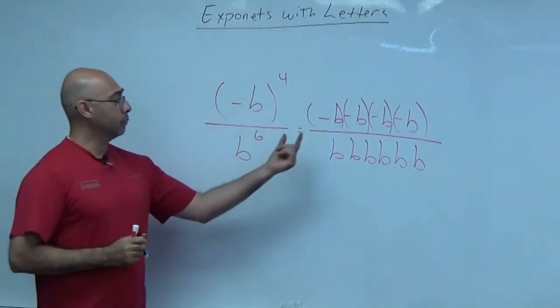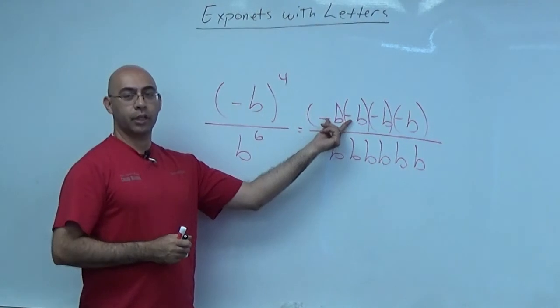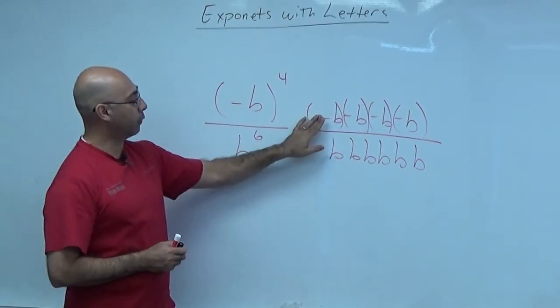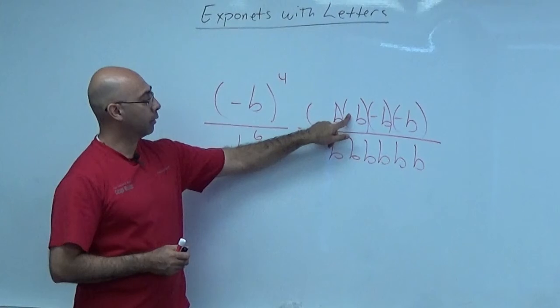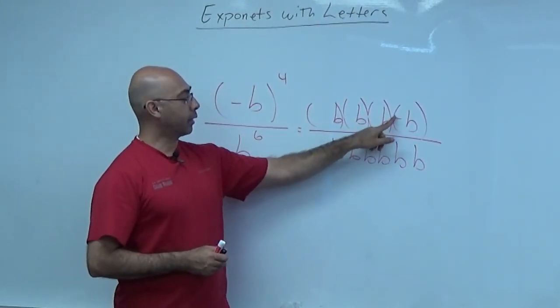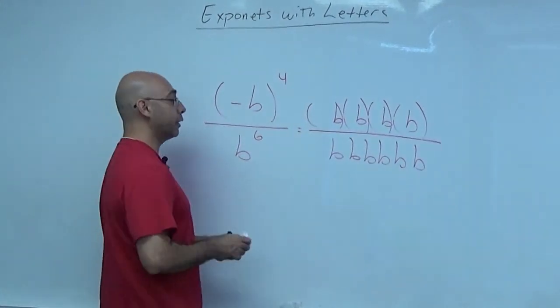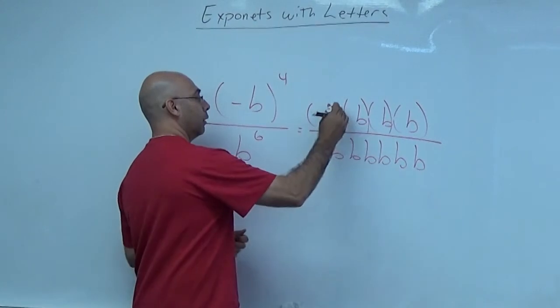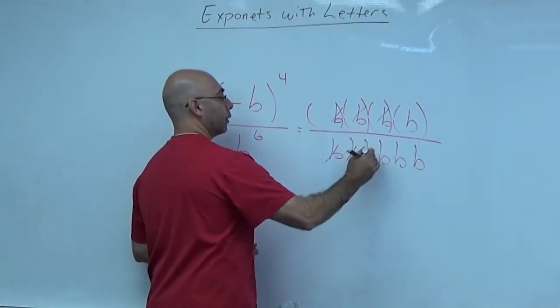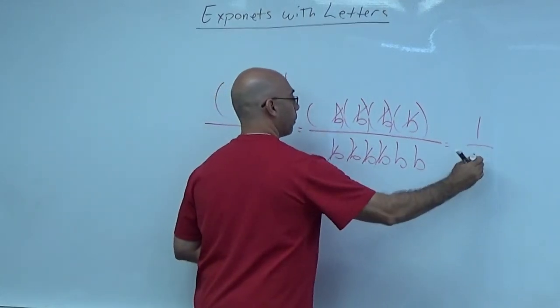Now, these are the same sign, right? So what is the final answer going to be? Positive. So I can get rid of that and get rid of that. I can get rid of that and I can get rid of that. So what do you notice about all these numbers? They're all positive. So all I need to do is cross out that with that, that with that, that with that, that with that. 1 is on top, b to the 2nd power is on the bottom.